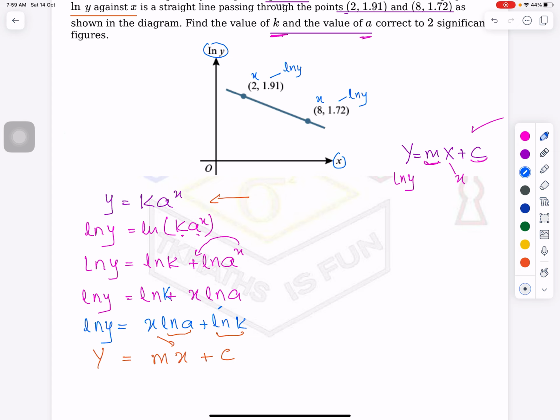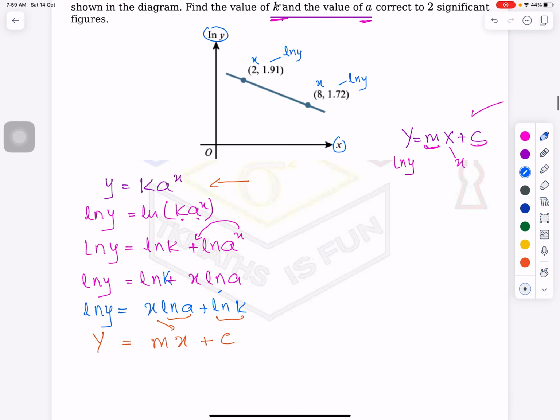So now I have to find out the gradient first of all. My gradient equals ln a. And this line is straight. So what gradient formula will we apply here? y2 minus y1 over x2 minus x1. Okay, so I am applying that formula here.